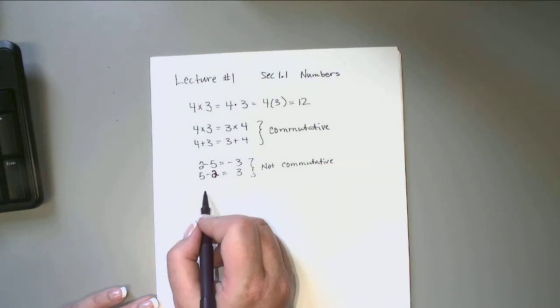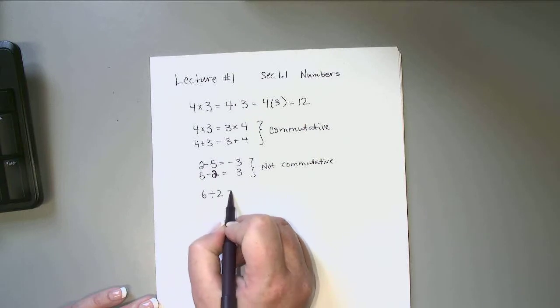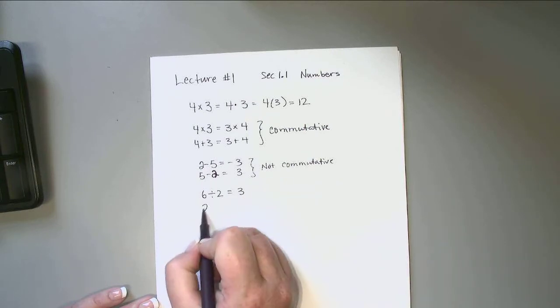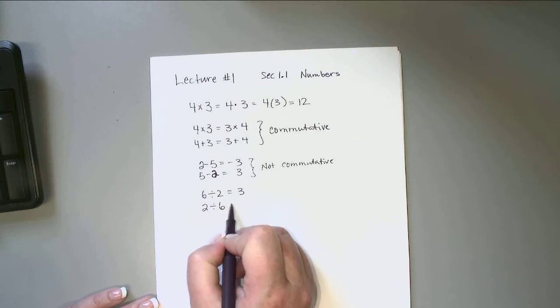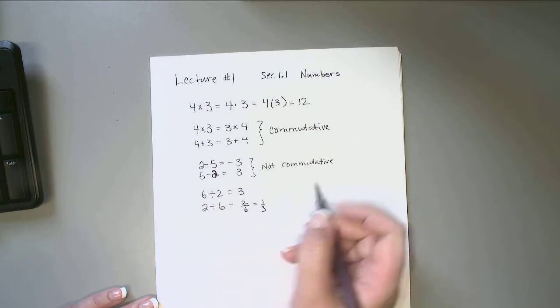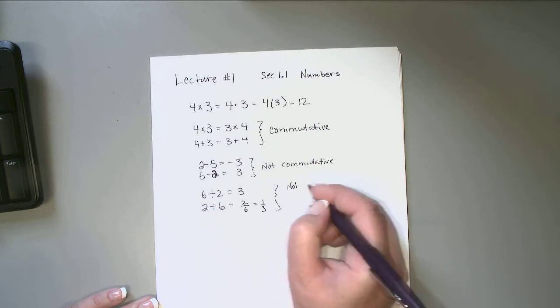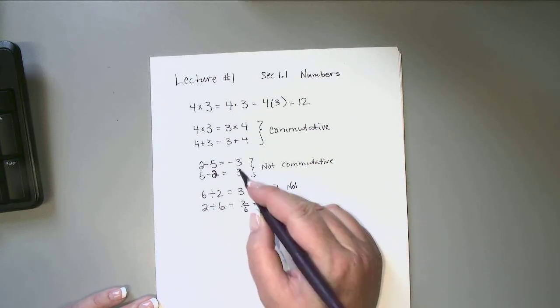And neither is division. So if we did 6 divided by 2, that's equal to 3, and 2 divided by 6 is 1/3. So these are not commutative either, and notice the difference between them.